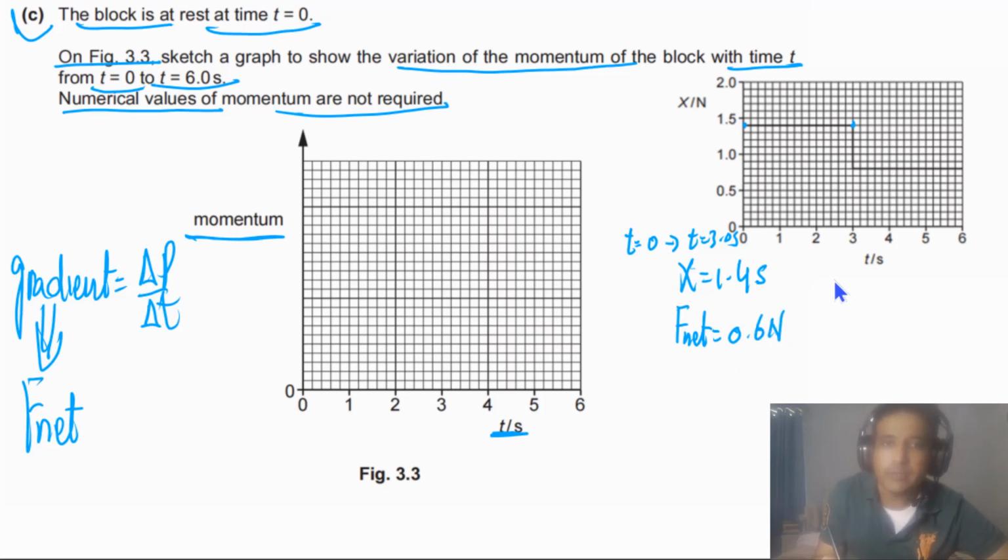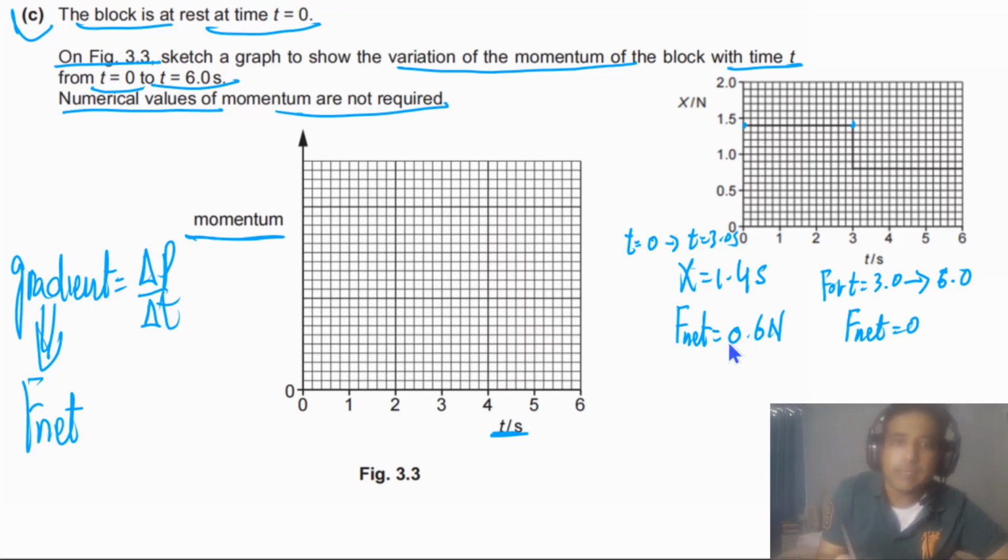And for the interval t equal to 3.0 to 6.0 seconds, F net is equal to 0.